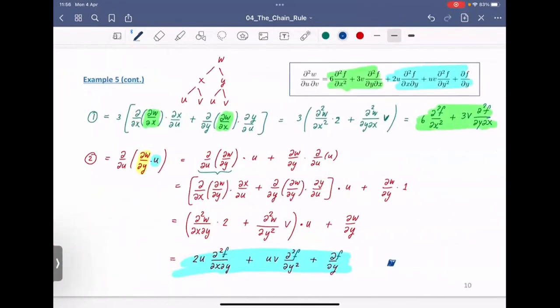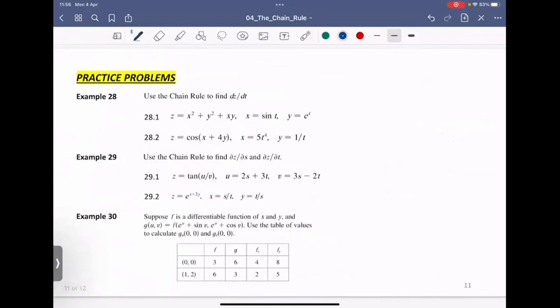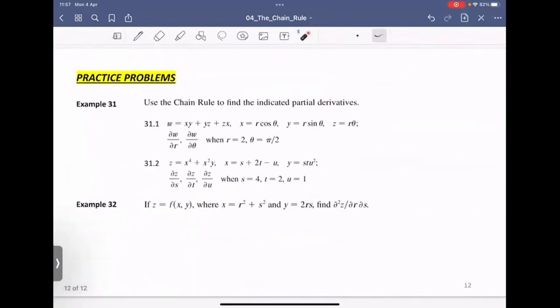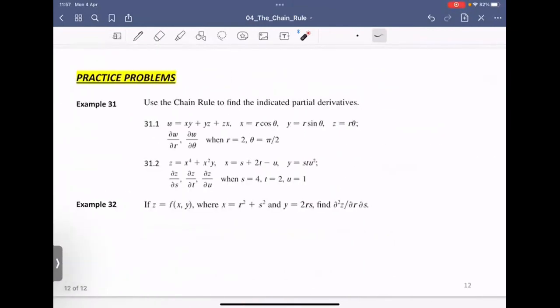All right, you see, a bit complicated, right? All right, and that is all about the chain rule that we learned today. So if you want to practice the content from today, here, examples 28, 29, 30, and 31, they are all simple. You can copy examples 1, 2, 3, 4 from today.